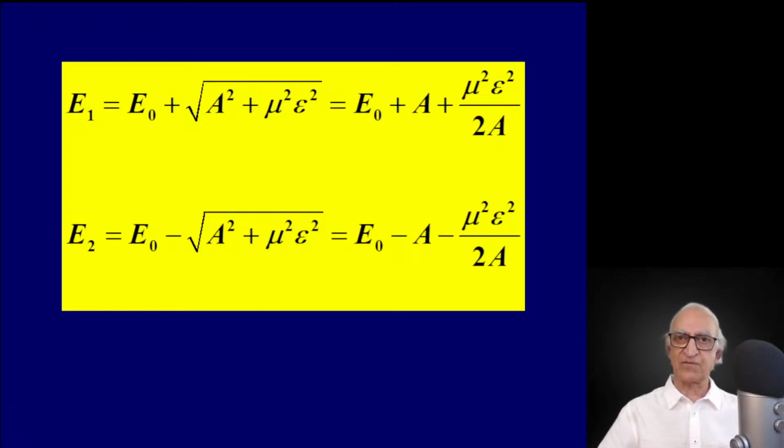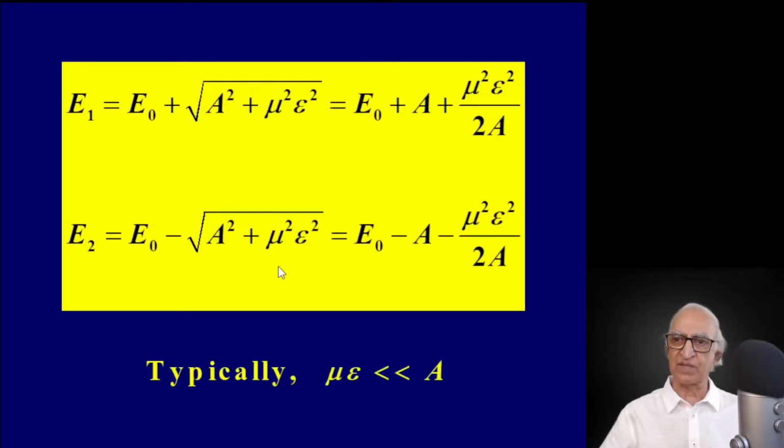Now, if you solve this very simple problem, as simple a problem as it will get in quantum mechanics, the energy levels E1 and E2 of the ammonia molecule with the nitrogen above and below the plane in the presence of an external electric field are given by this expression and this expression.